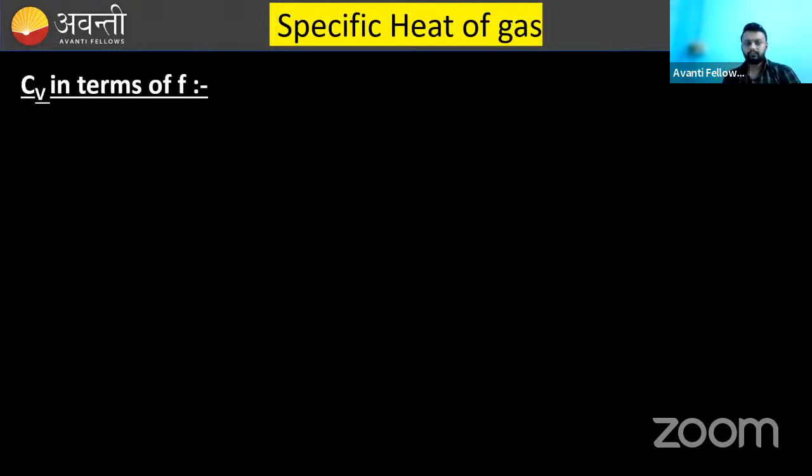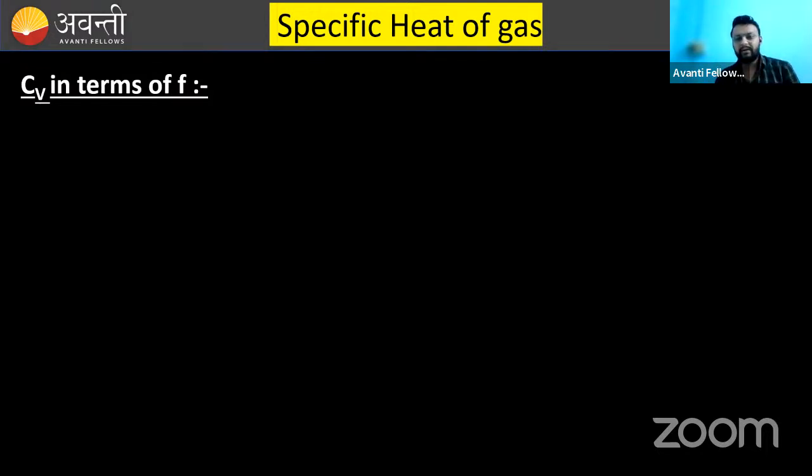Now, another heading is CV in terms of F. I have put a disclaimer before the class that there will be a lot of formulas and a lot of theory discussion. So be aware of that and be prepared, because there are going to be a lot of formulas and there will be chaos in your mind about these formulas.